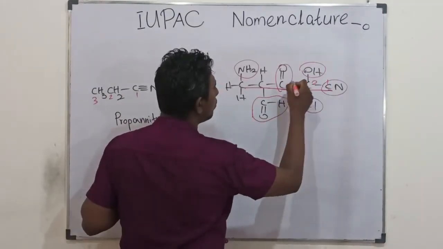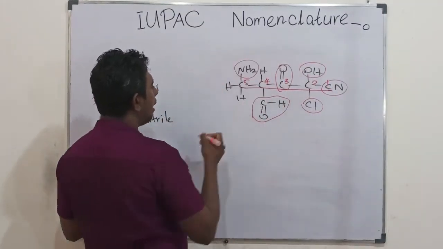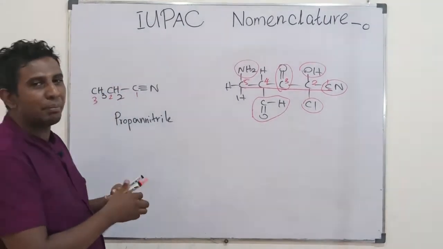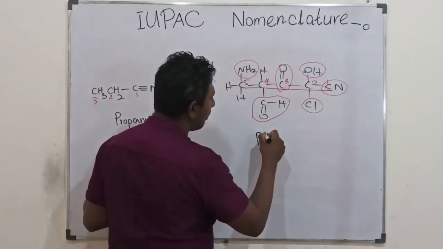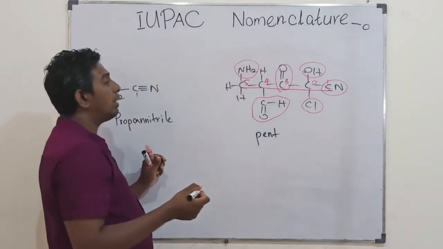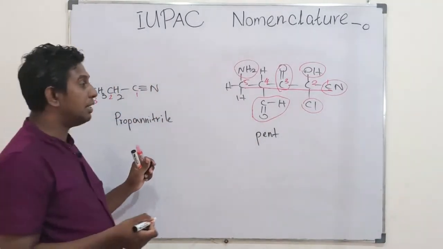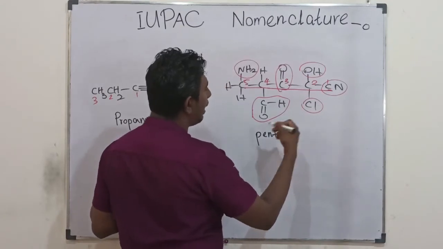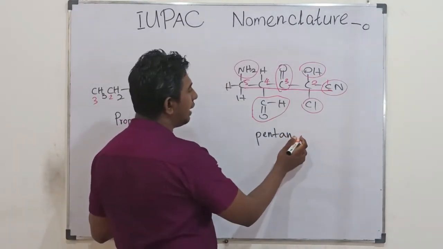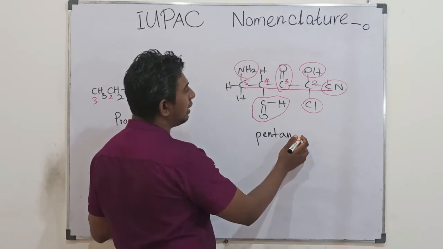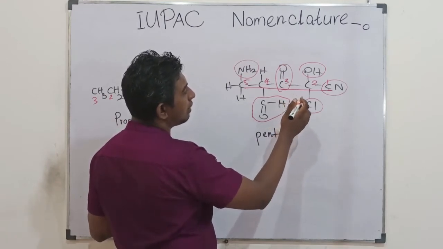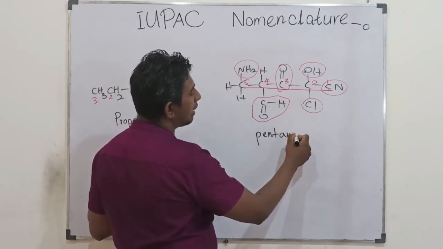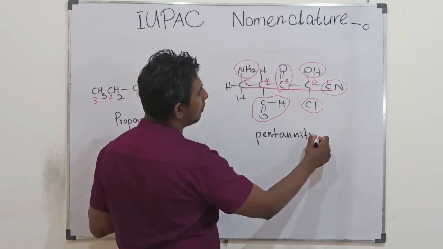It's 1, 2, 3, 4, 5. With 5 carbons, pent. You don't have carbon double bond or carbon triple bond. It is pent, alkane. So you cut the vowel E at the end. So on the first carbon you have nitrile. So nitrile.